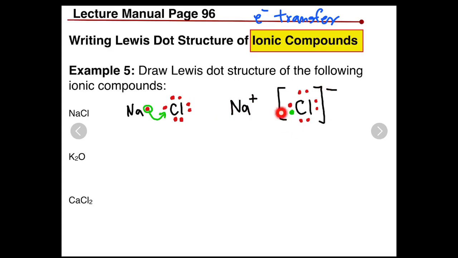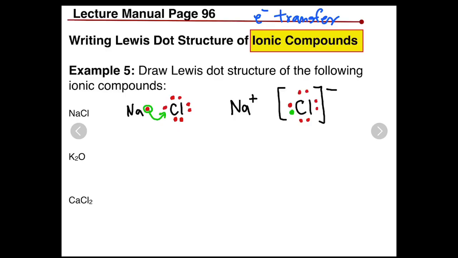But the anion is going to have the 8 electrons around it. If you draw out the electron configuration for both of them, they actually have the same number of electrons as the noble gases, the valence electron, sorry.